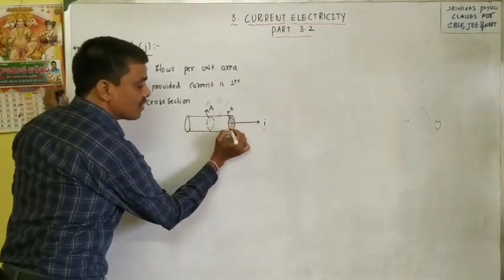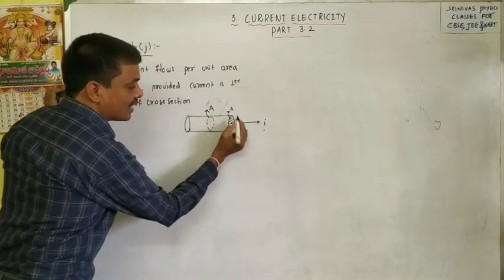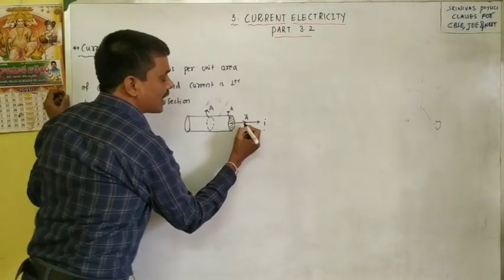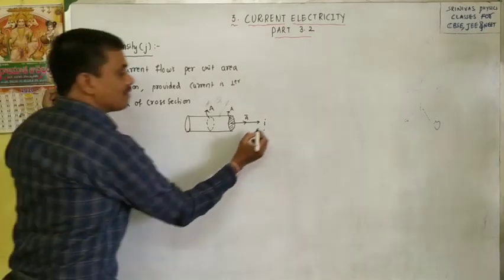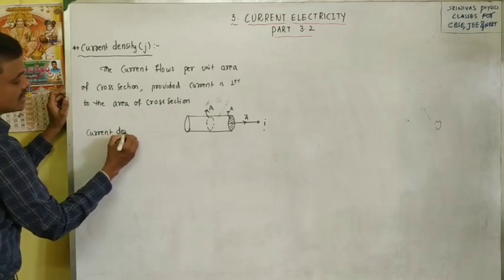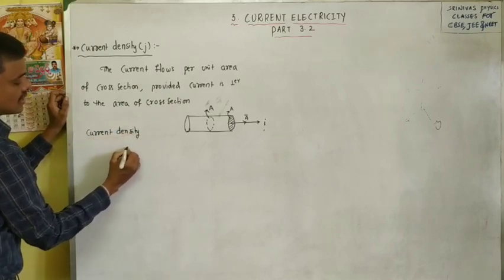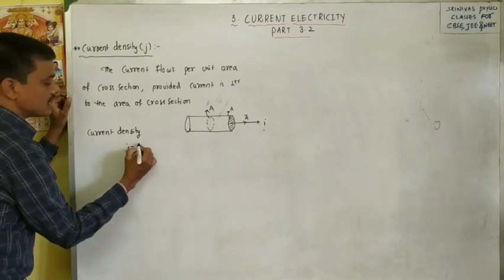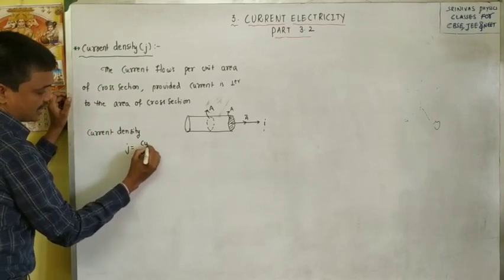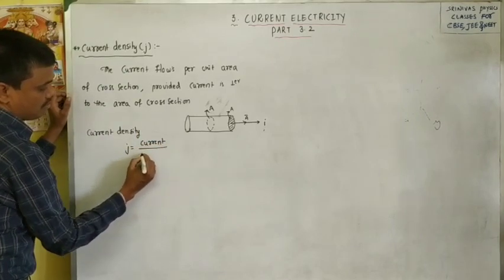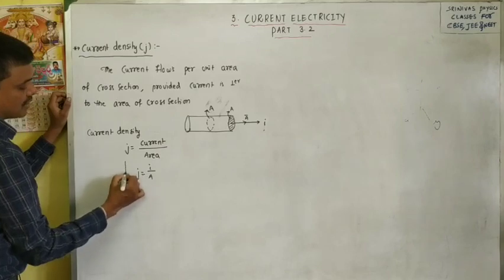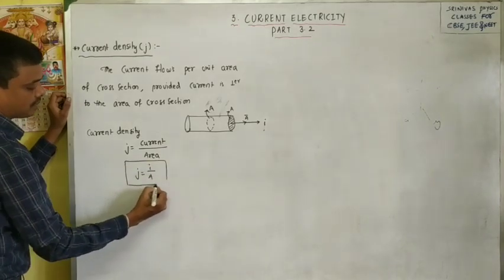The current and area vector are along the same direction, and at that moment the current density formula is: current density J is equal to current per unit area. Its formula is J is equal to I by capital A. This is the formula for current density.